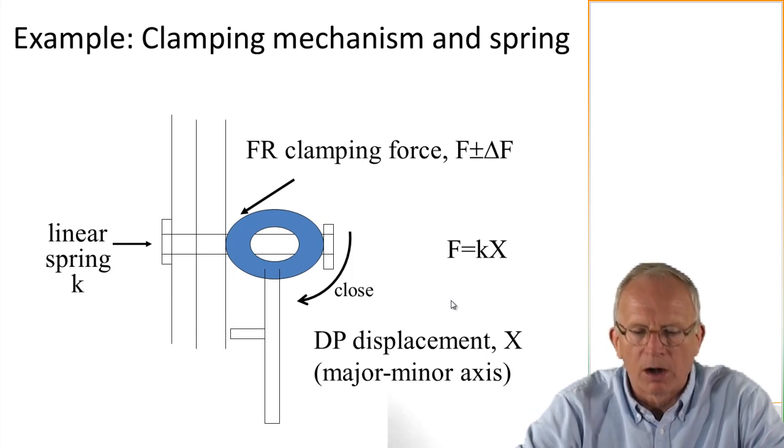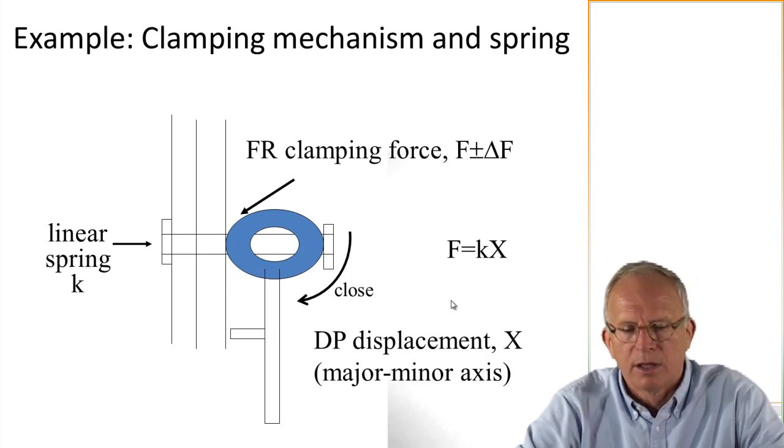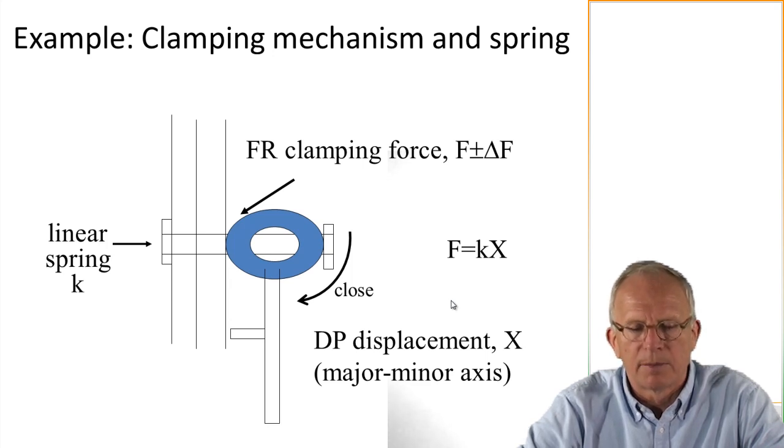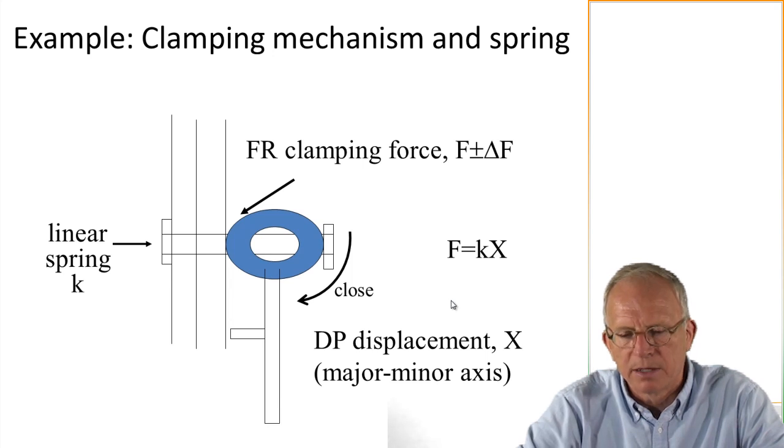So the FR is to provide a certain clamping force. Now here you notice that we've used a shorthand notation. So while the FRs should begin with verbs, in this case the provide is understood. And we're able to indicate that there's a tolerance on the FR, plus or minus a certain force.